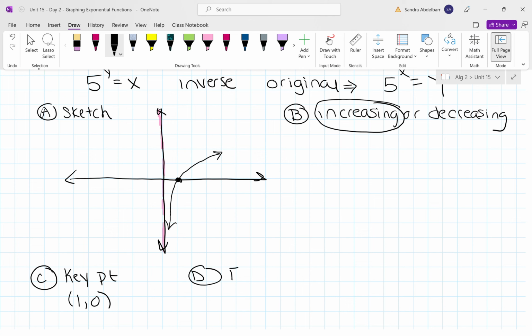Next question, I want to find the equation of the asymptote. What's the equation of the asymptote? It's a vertical line right at 0. Equation of a vertical line, is that x equals or y equals? Vertical line? X equals. Guys, do you not know the trick?